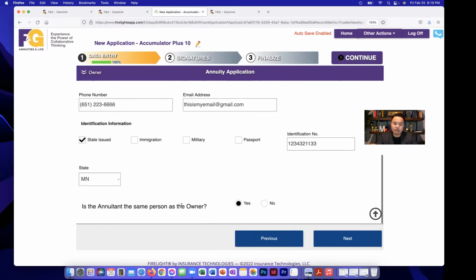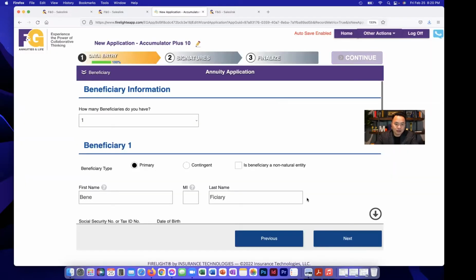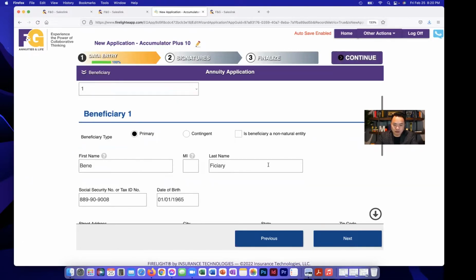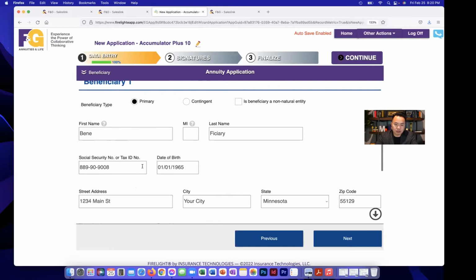Is the annuitant the same as the owner? Yes. Okay, but if it's not, then no. Then you have to put the owner information in too. Okay. How many beneficiaries do you have? Just one. The beneficiary's name is beneficiary. Okay. The same address here.